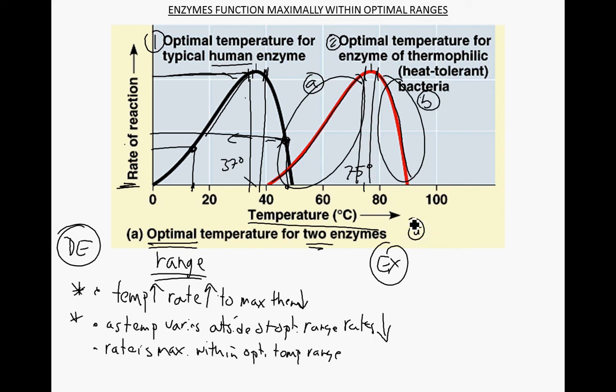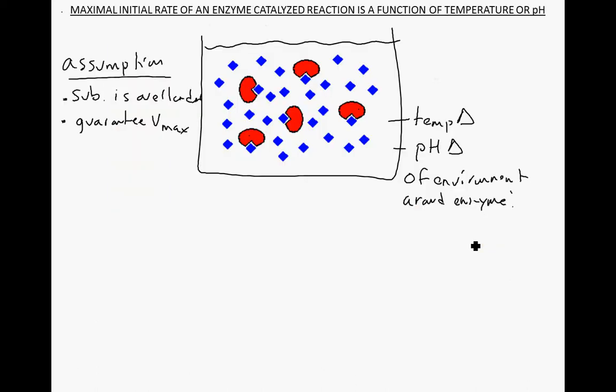Explanation for part A of the curve has something to do with the kinetic energy of the system. Visually, I'm picturing this in my mind's eye so that these enzymes and substrates are moving randomly in this solution.